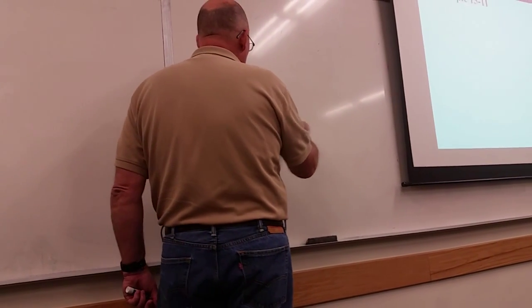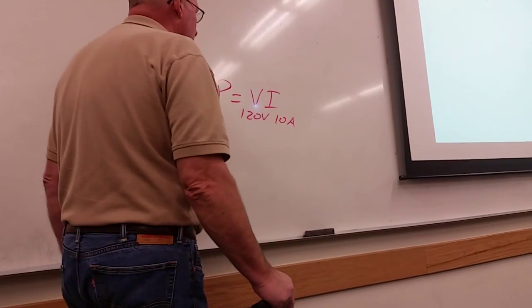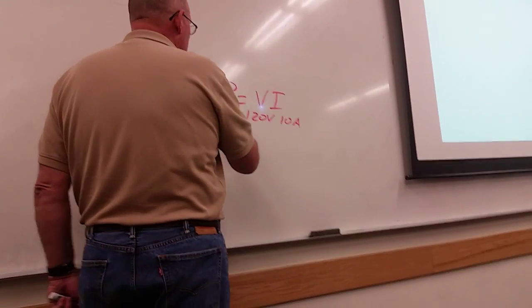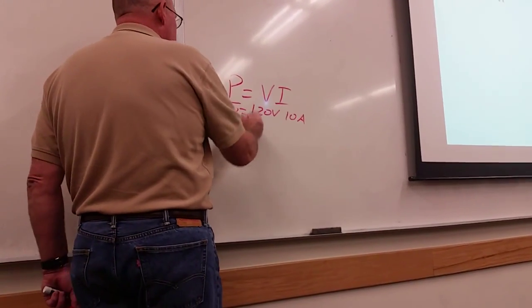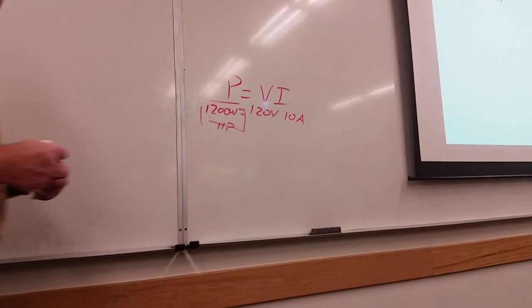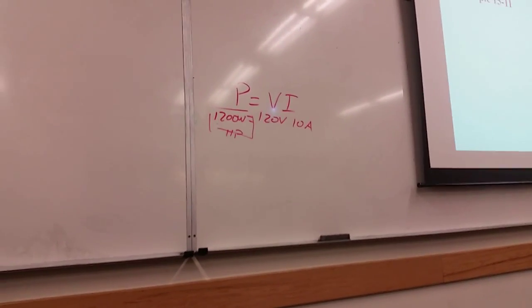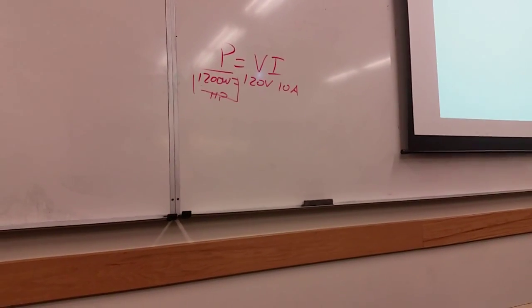So when I figure this out and I put in 10 amps, I'm getting how much power? 1200 watts, okay? So we know we're getting this much work out of it, then we could convert it to horsepower if we wanted. And we could say, okay, we're creating this much energy.